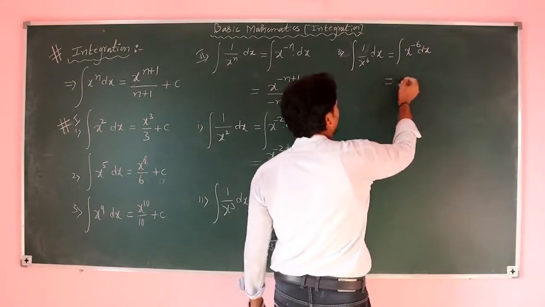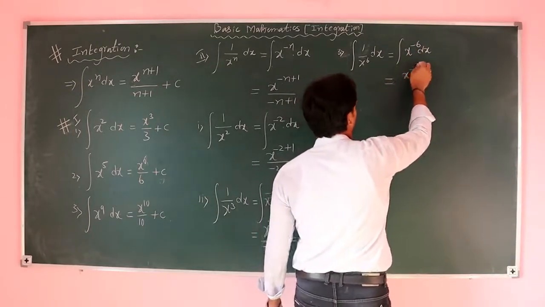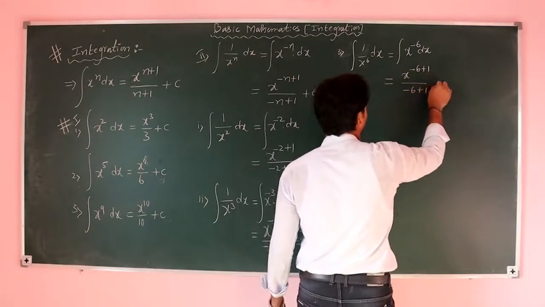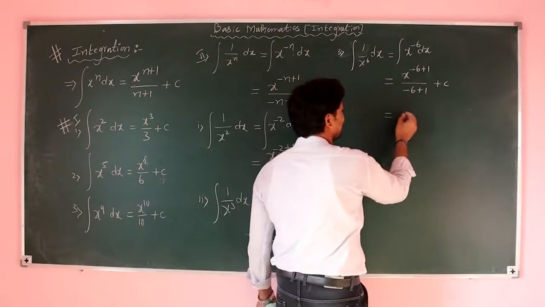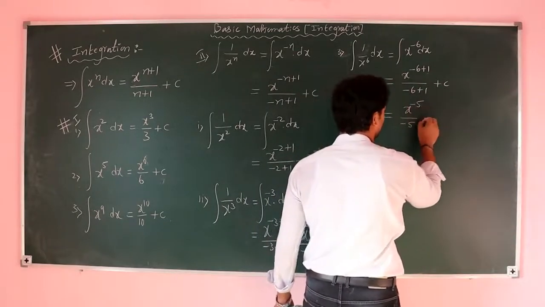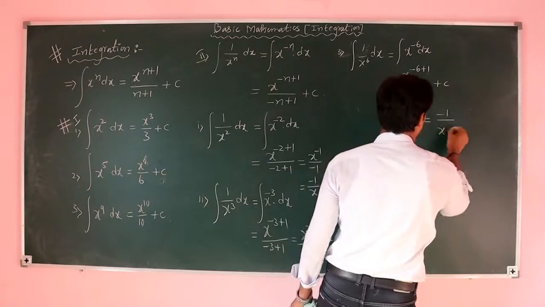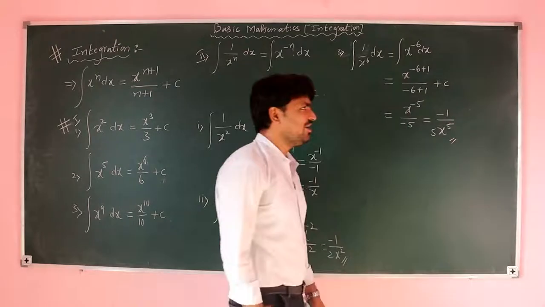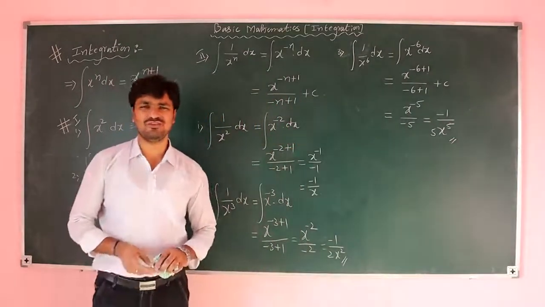That gives x to the power of minus 6 plus 1 upon minus 6 plus 1, plus constant. Minus 6 plus 1 is minus 5, upon minus 5. So finally it is minus 1 by 5 into x to the power of 5.